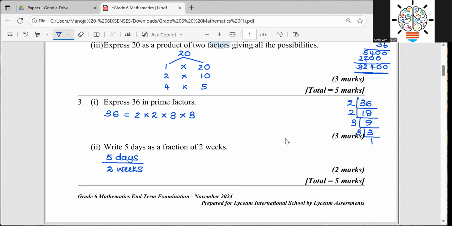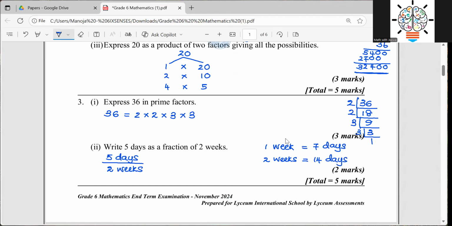So then you want to have the same units or the same type. We know that 1 week is equal to 7 days. Okay. And then if you have 2 weeks, how many days do we have? How many days you have? 14 days.